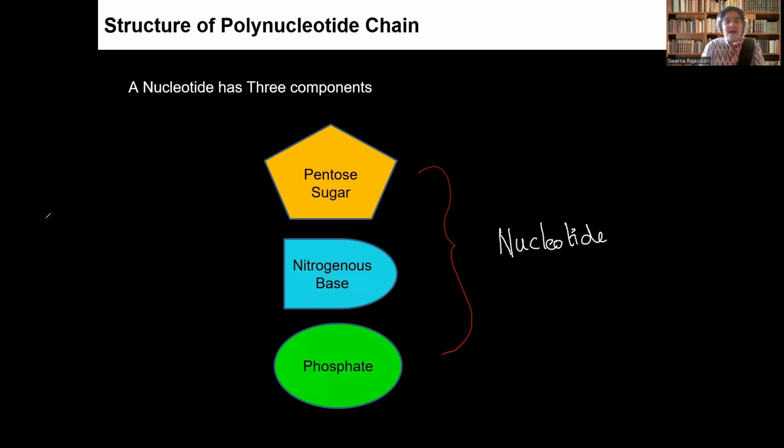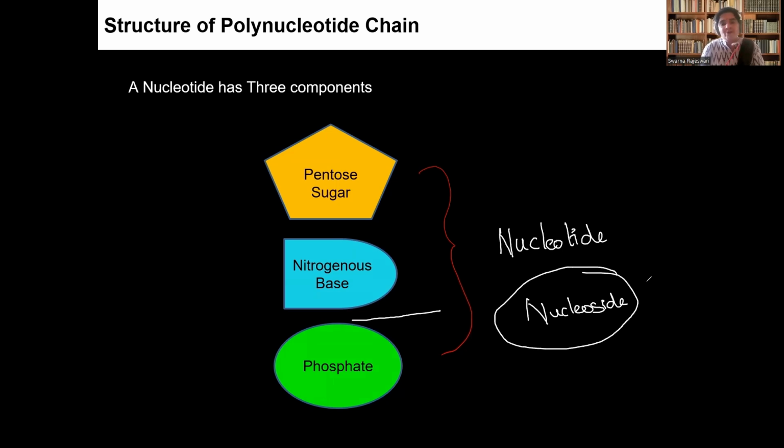When we take only the pentose sugar and nitrogen base, we call it a nucleoside.